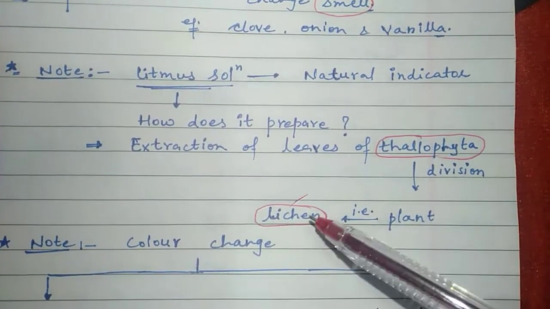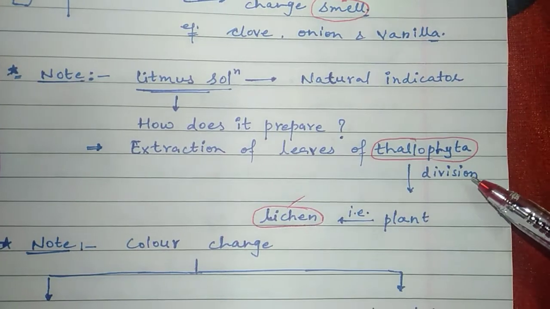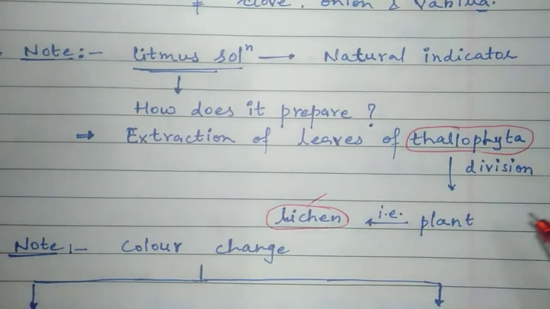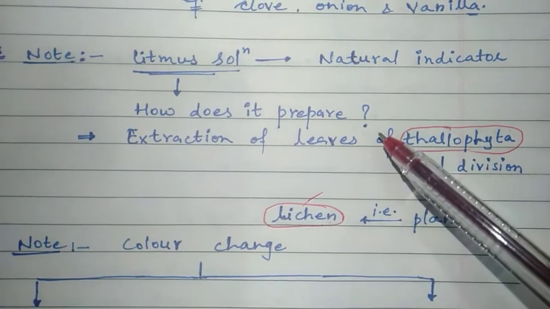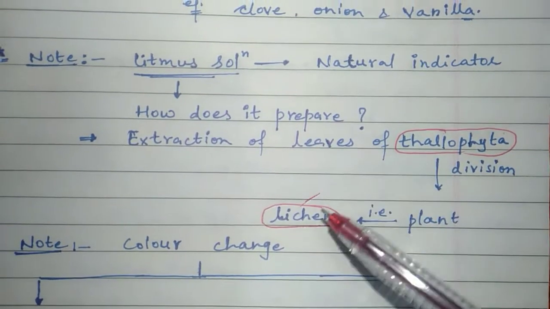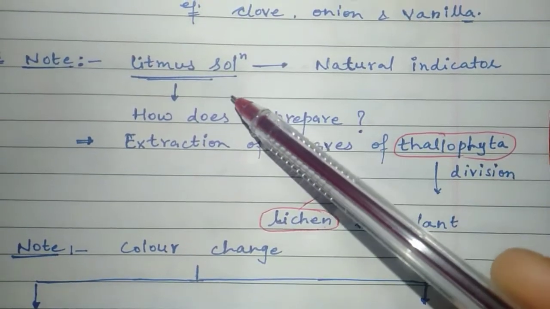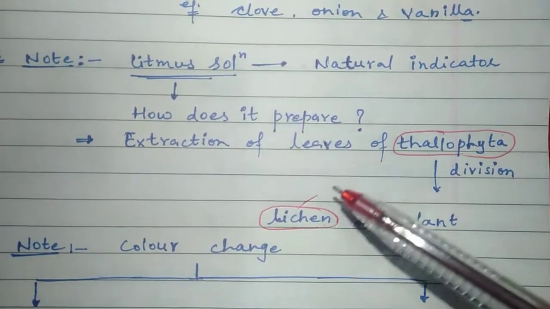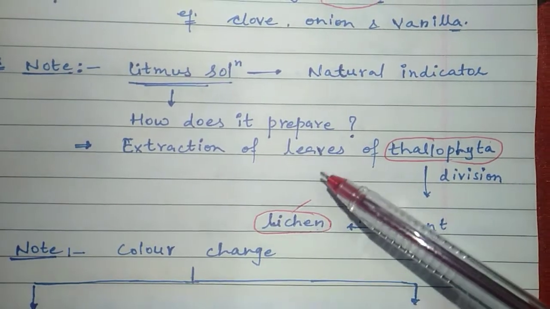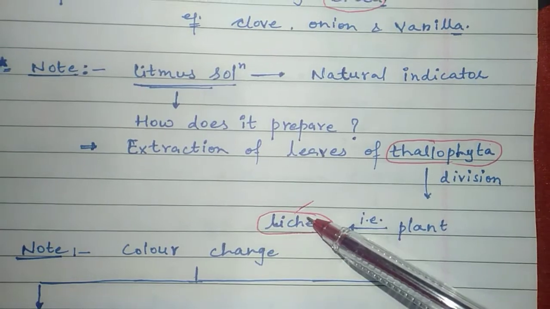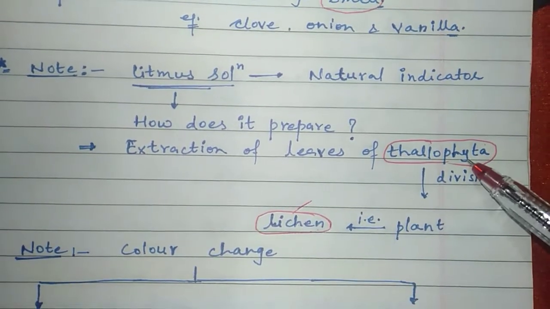The lichen plant belongs to the division Thallophyta. If we take the extract of the leaf of this plant, then we can prepare the litmus solution. So litmus solution is the extraction of the leaves of the lichen plant, and the lichen plant belongs to the Thallophyta division.